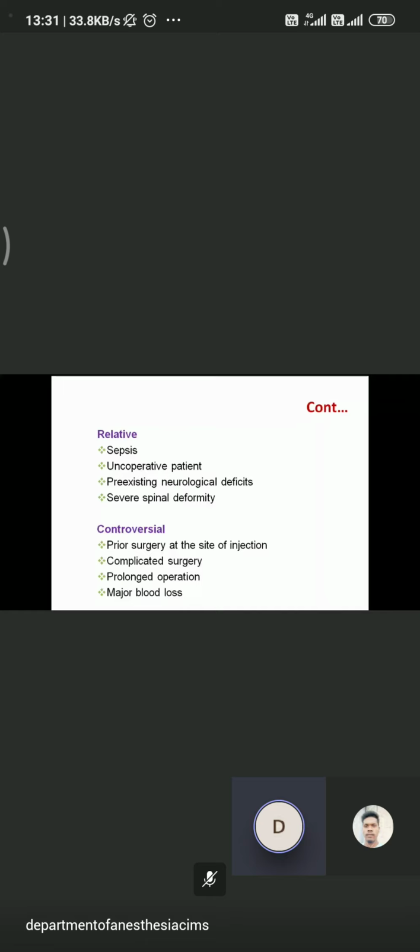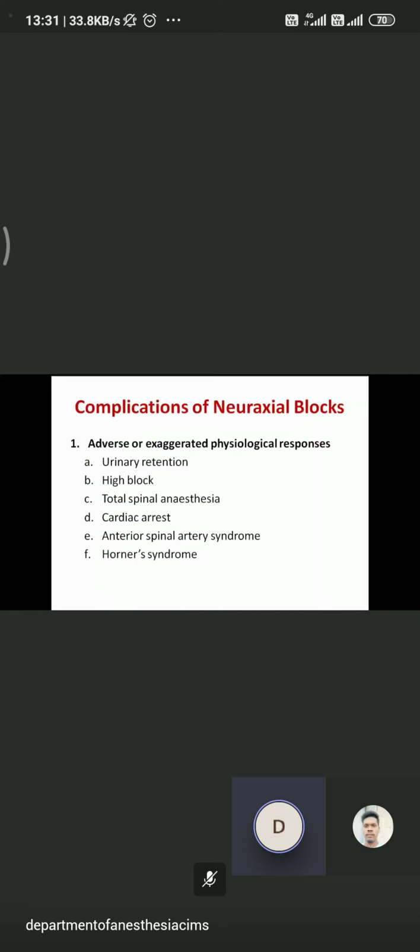Now we come to the complications of neuraxial blockade. First is adverse or exaggerated physiological response. I'm saying adverse or exaggerated because urinary retention will occur because of the blockade of the sympathetic and parasympathetic. Second is high block, and third is total spinal anesthesia. It mostly occurs in epidural blockade.